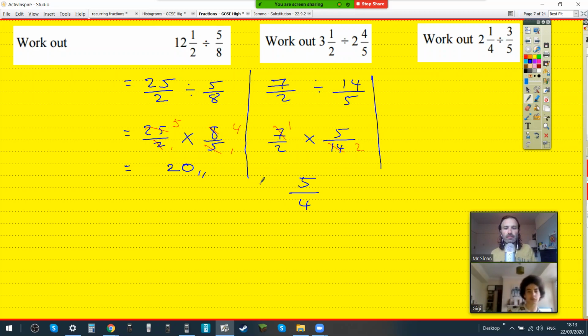Should you change it to a mixed number or not? Yeah, it was given to us as a mixed number, so we give them the answer as a mixed number. All right, it will be 1 and 1 over 4. Wait a second. Okay.